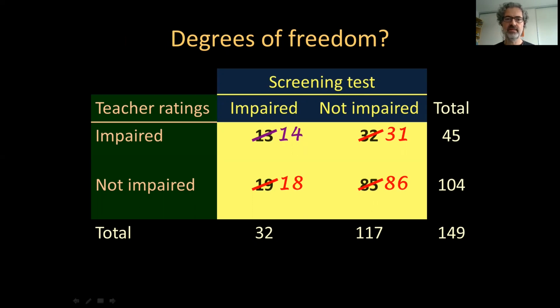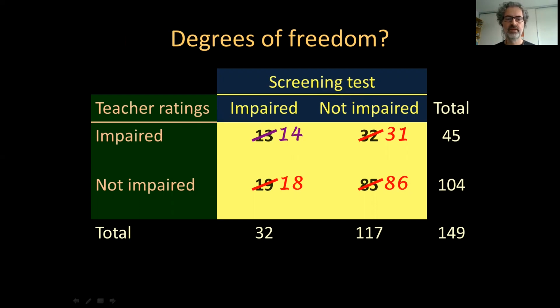This makes sense because there are 2 categories in the columns. So 1 degree of freedom this way, and there are 2 categories in the rows, so 1 degree of freedom this way. So if we multiply 1 by 1, there's still just 1. And there is 1 degree of freedom in total for the whole 2 by 2 matrix.